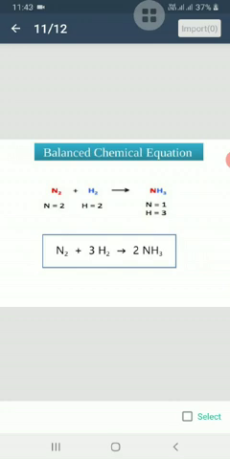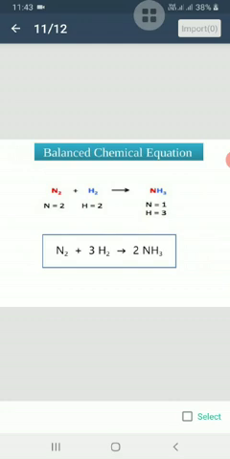And we have nitrogen reacts with hydrogen to give ammonia. We take 2 atoms of nitrogen, or we can say a molecule of nitrogen plus a molecule of hydrogen, and it gives us ammonia, NH3.